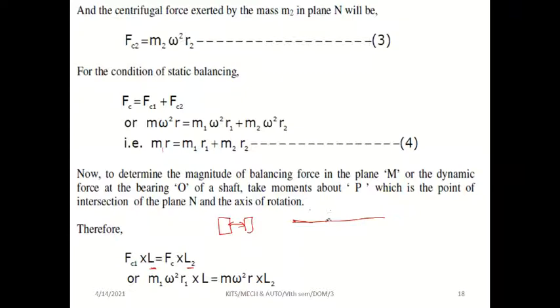From this point you are finding the answer, so this distance is called L, and if one more plane is there, this distance is called L2. That's what they have mentioned here. This is force, and this is couple.